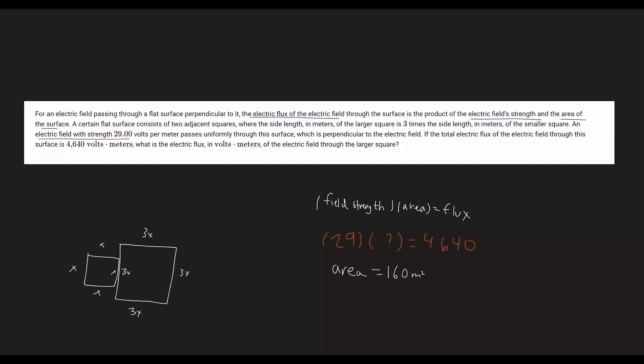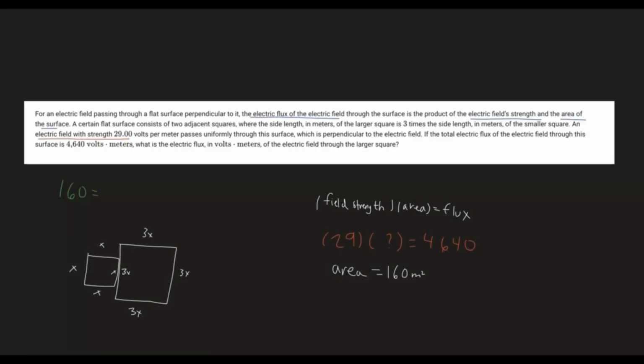We have the total area of the adjacent squares, but we want to find just the area of the large square, because if we do that, we can multiply it by the field strength in order to get the flux that it's affected by. So here's what it's going to look like. We have the total area here, and we already have variables for the side lengths, right? So we can set 160 equal to, let's see, the first square. To find the area, it's just length times width, right?